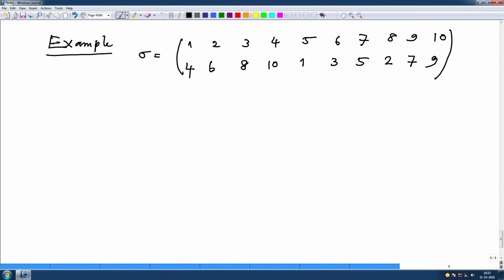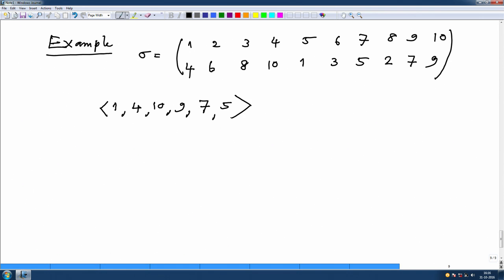Now what is our recipe? Start with 1 and look at its image under sigma, that is 4, write 4. Look at 4, where does it go under sigma? 10. So write the next element 10. Look at 10, it goes to 9. 9 goes to 7. 7 goes to 5. 5 goes to 1, back to 1.